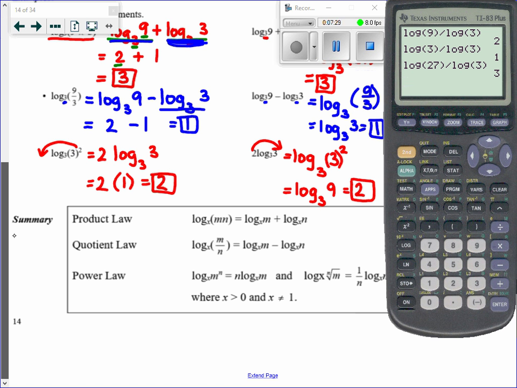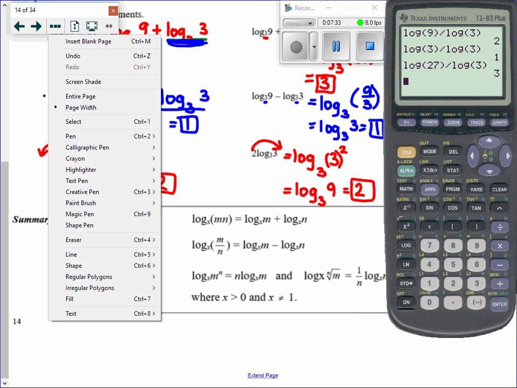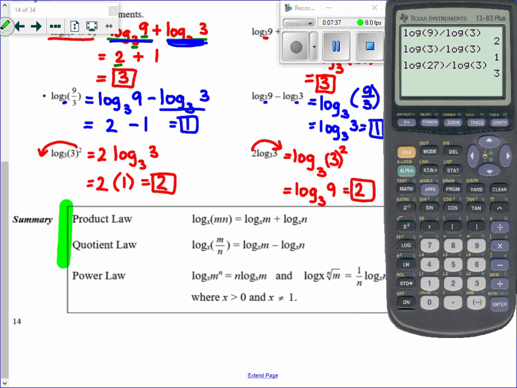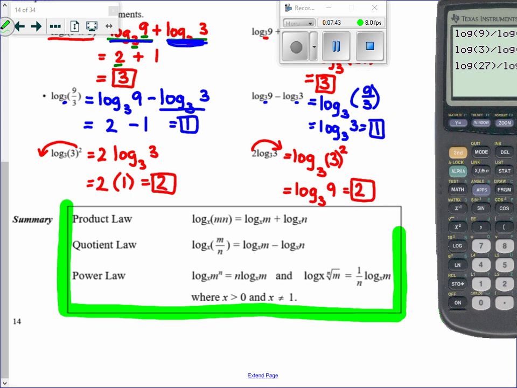So there is a summary at the bottom of your page that you should highlight or star because this summarizes those 3 laws of logs: the product law, the quotient law, and the power law. These are laws that you just have to know how to use. They are on your formula sheet.